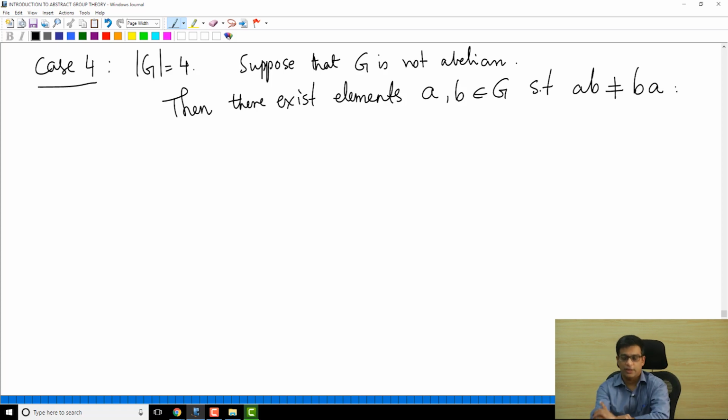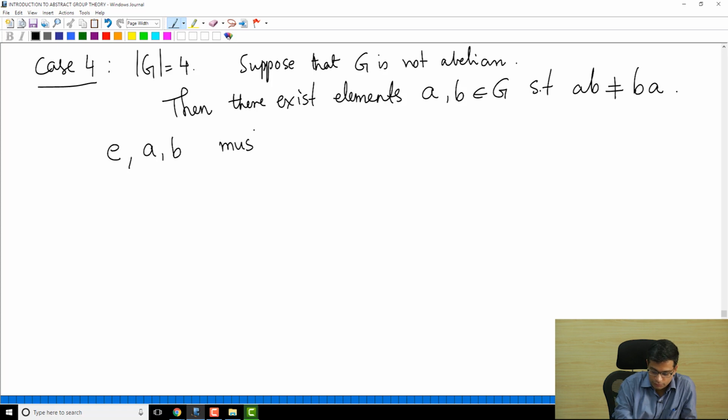This is the definition of group G not being abelian. But G has only 4 elements, that is what we are going to invoke. What would be the elements of G? E is an element of G and A, B, the second and third elements, must be 3 distinct elements of G.